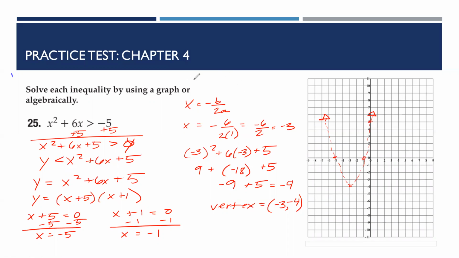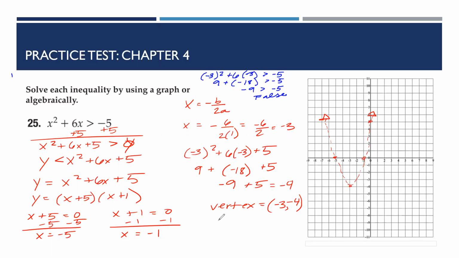I'm going to put negative 3 into my original inequality, negative 3 squared plus 6 times negative 3, and see if that's greater than negative 5. So this would be 9 plus negative 18, which is negative 9, and negative 9 is not greater than negative 5. This is false. So I wouldn't be shading inside. The solutions are all on the outside of this parabola.